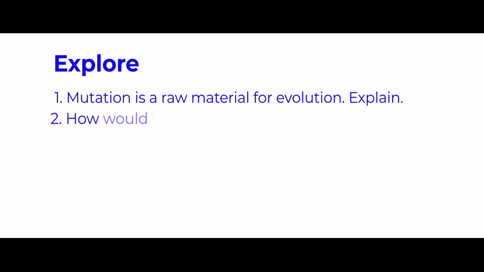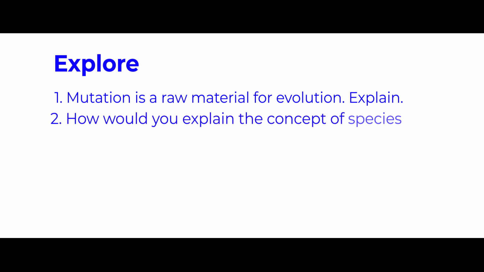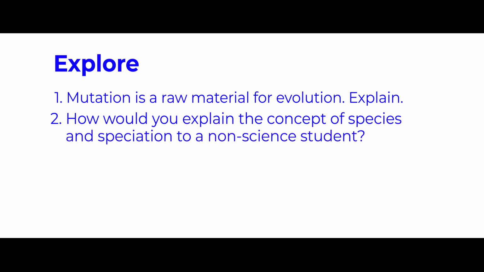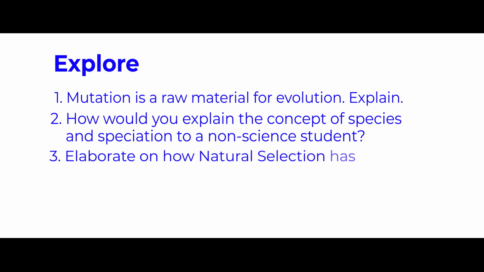Now, how would you explain this concept of species and speciation to a non-science student? Number 3, explain how natural selection has influenced agriculture. So these are the 3 questions on which you will work and find the answers.